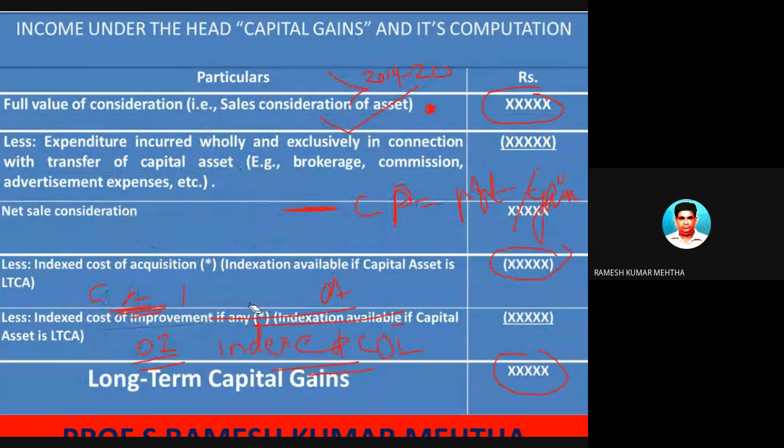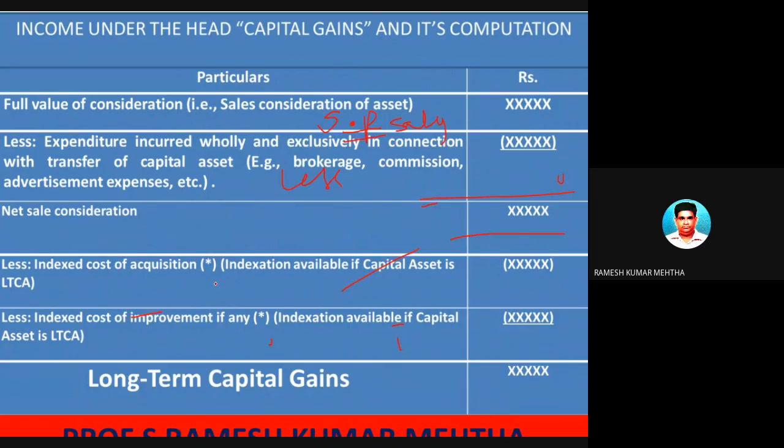Next one. This is the format which we are going to follow in solving the problem. Already I showed it in the last class. The first step is the selling price, or sales value, less expenses incurred for sales. So you will get net sales.